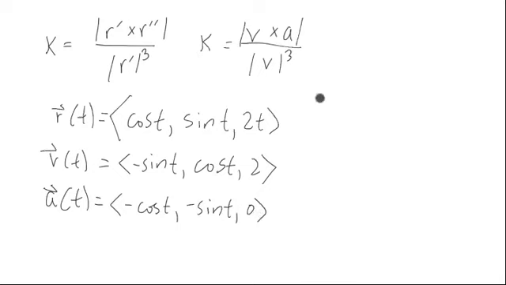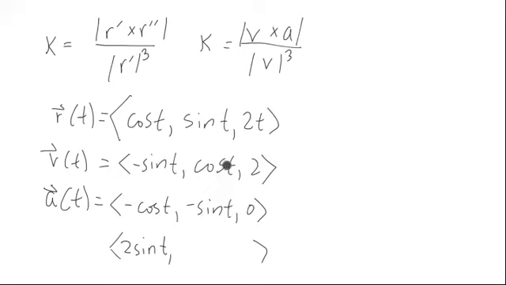Let's cross v and a together. In fact, we can do it right here. Thinking of what goes in this component, we can just look at this part over here, do that minus that. So that's just 0, and then minus a negative, so positive, just 2 sine t would go right here in the cross product. Next, for the middle one, we have this minus that, but then we change the sign.